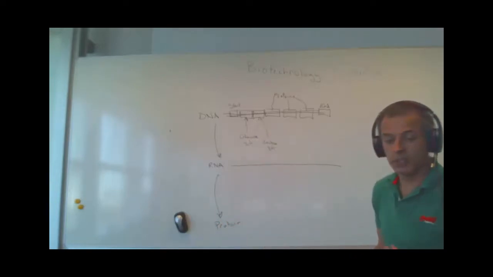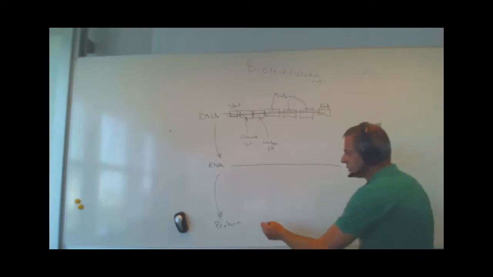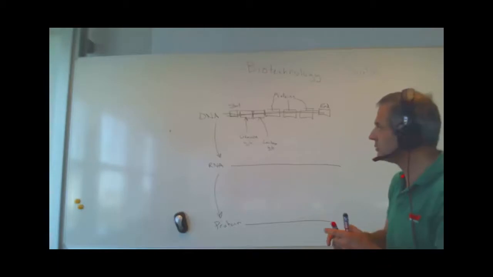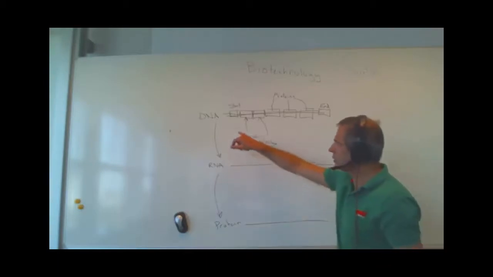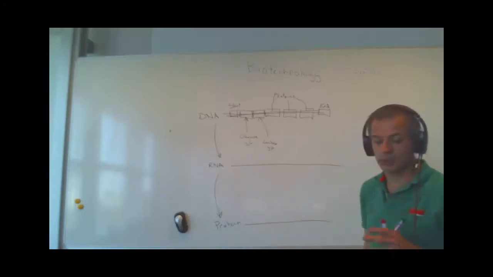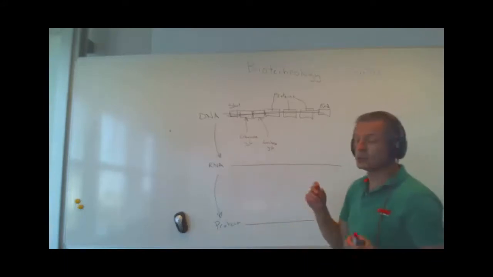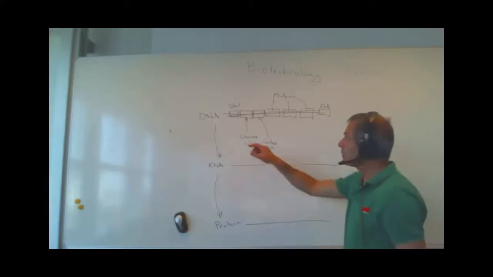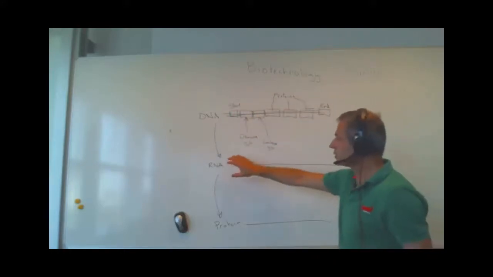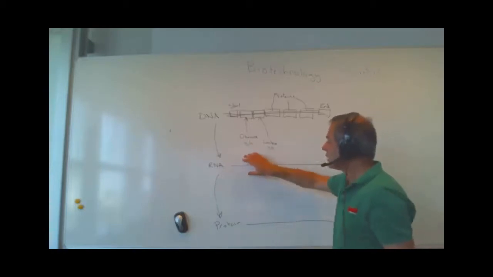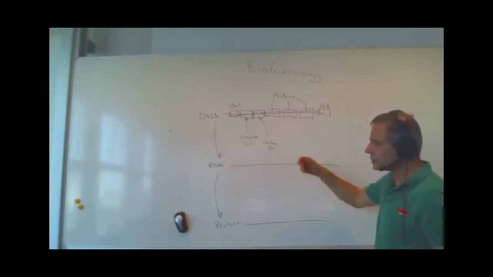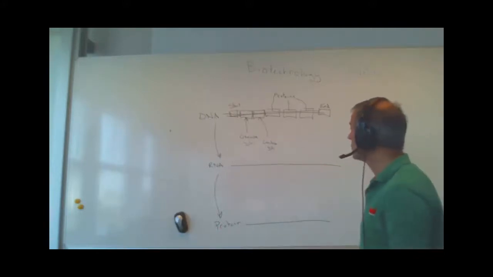But it's not really converted, it's transcribed, meaning the information is copied over, but it's converted effectively into a different language: the language of DNA, into the language of RNA, into the language of a protein. The original copy is not destroyed. So our DNA can make as many RNA molecules as it likes, and the RNA can make as many protein molecules as it likes, although obviously they do get broken down over time.